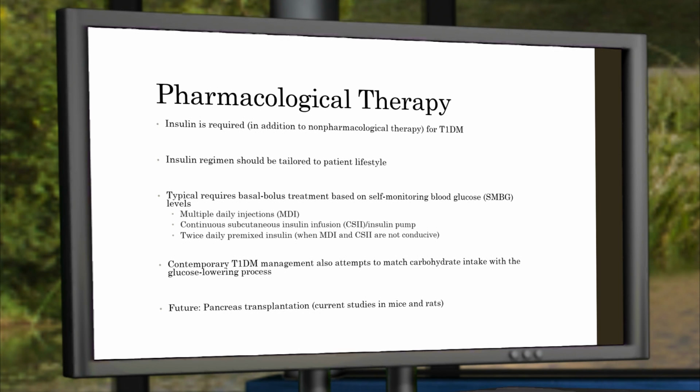And then in the future, it's very interesting. They've done some of this recently, but I think it may or may not become more prevalent in the future. But pancreas transplantation. So they've done some current studies in mice and rats where they take the pancreas from one and put it in the other. The idea is that because the pancreas makes the insulin, if we give a patient a new pancreas, then they'll be able to make insulin.